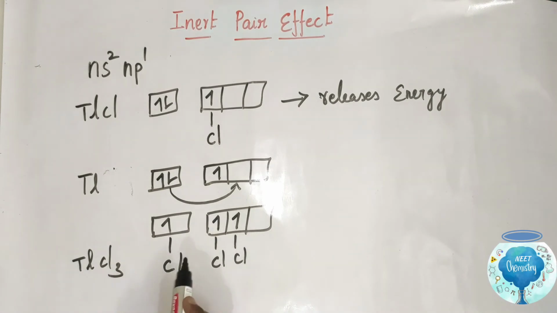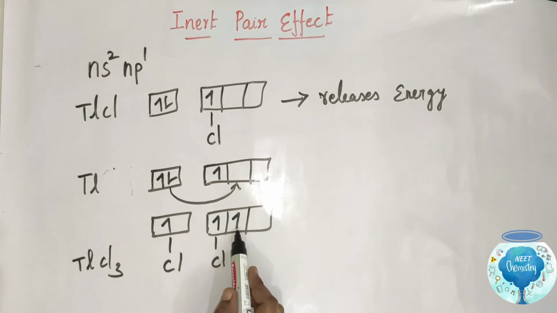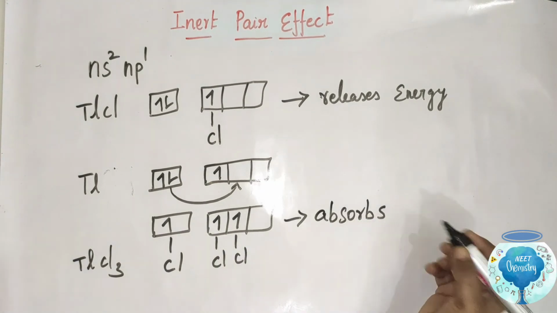In this case, the electron jumps from the s orbital to the p orbital by absorbing some energy.